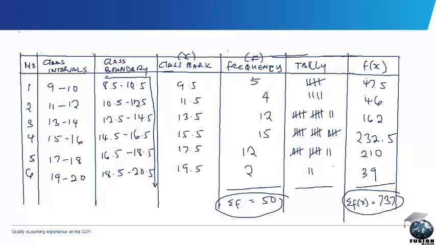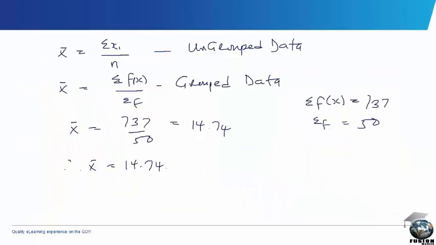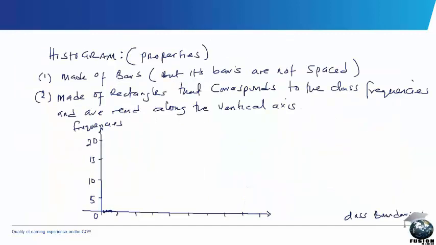Alright, so if I move from 8.5, I have 10.5, 12.5, and then I have 14.5, 16.5, and then the cycle continues. That's the way I choose my class boundary, so that I have 8.5 here.